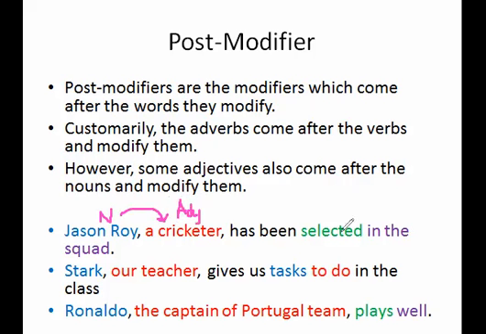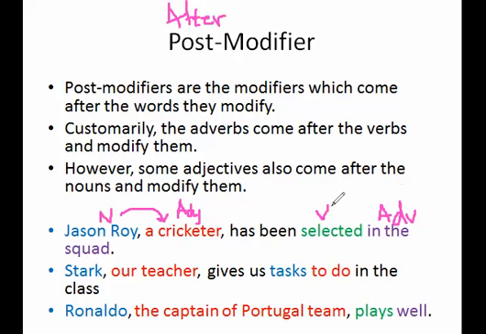What has he been? Okay, then Jason Roy has been selected. Selected is the verb. Where is he selected? In the squad. Now, in the squad is an adverb. So, as we have said over here, post-modifier, post means after. They come after the noun they modify or the word they modify. Okay?